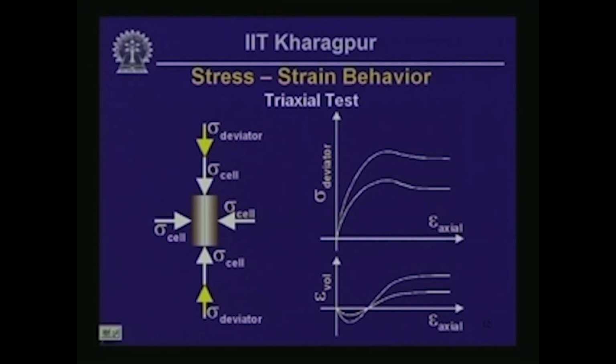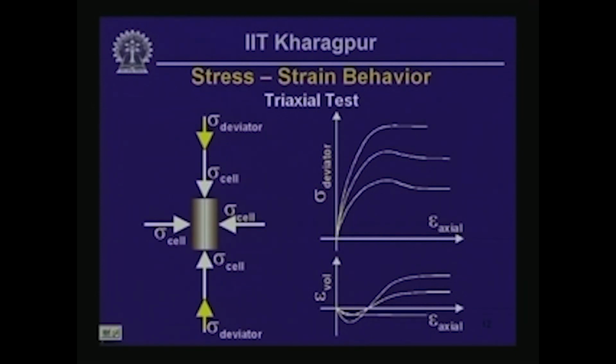Here you noticed that we increase the cell pressure. The cell pressure in this case is larger than in the previous test, and we increase the cell pressure even further, and we do the same thing. We take the sample to failure by increasing the deviator stress. This one here is the second sample that we tested, and in the case of the third sample we are going to increase the cell pressure even further, and what we get for the third sample is a situation like this.